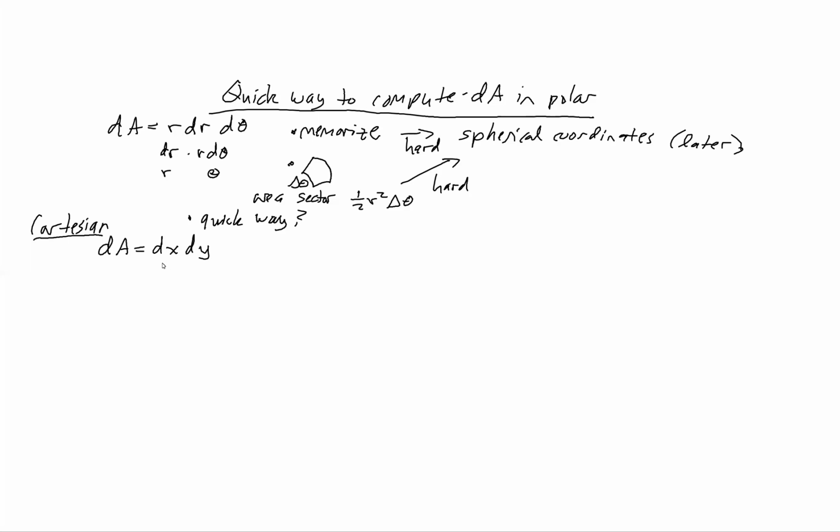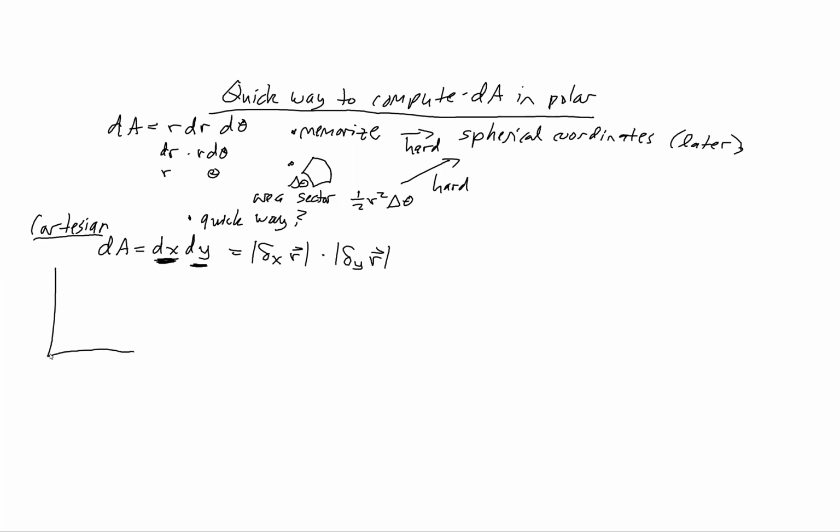So what we're going to do is write this as an x increment times a y increment. So I'll write it like this: delta x r, the length of the r increment, times the length of the y increment. And what is this y increment?